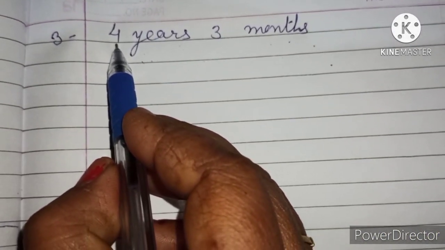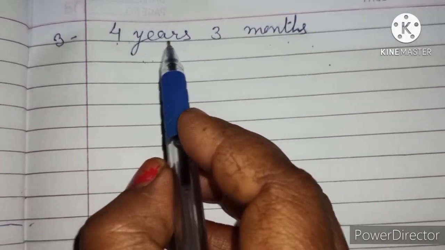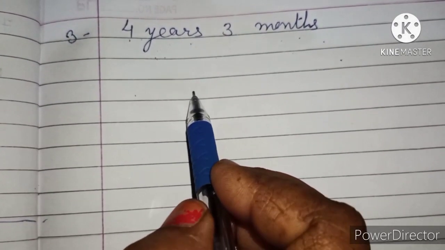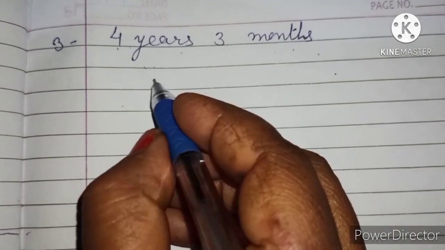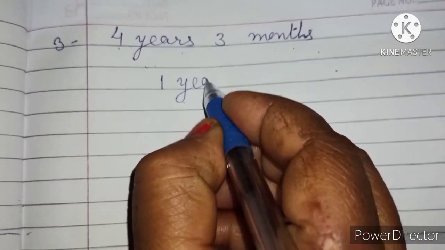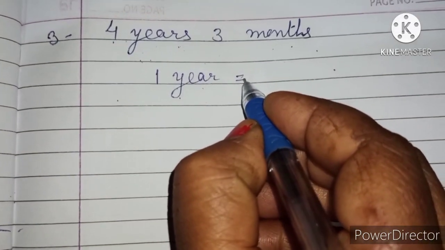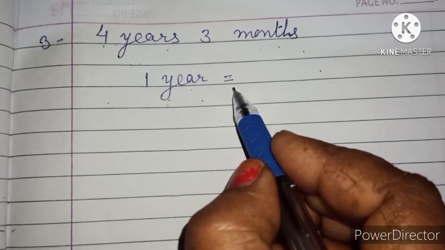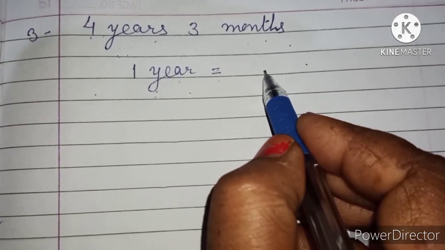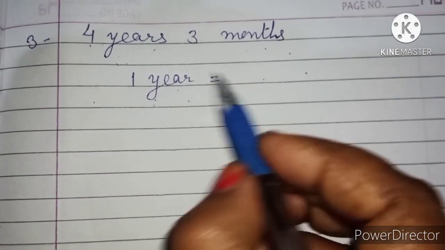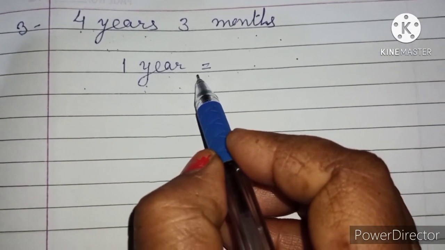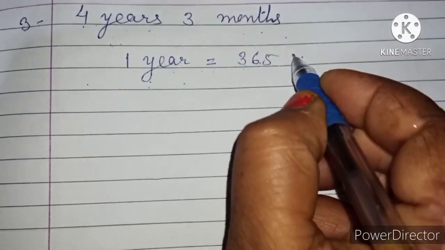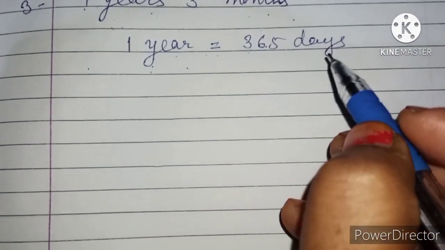First we will write the formula. 1 year is equal to, children tell me, 1 year is equal to how many days? 365 days.